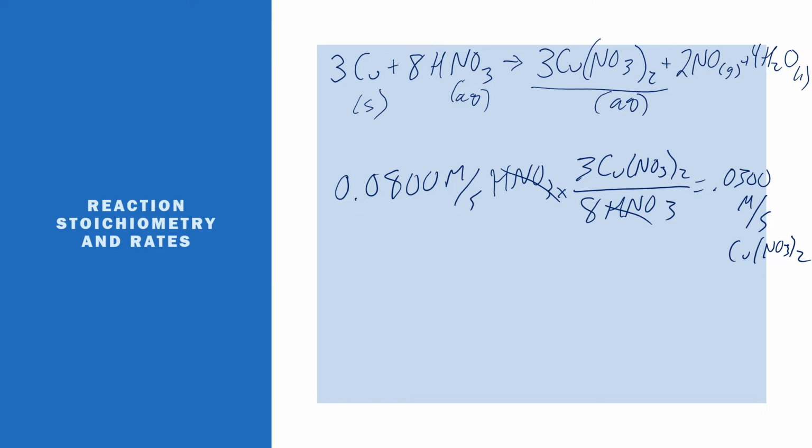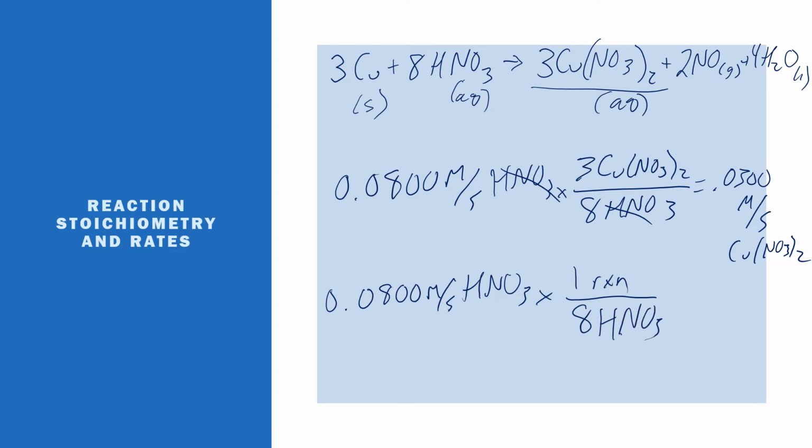Now, we also want to talk about just the rate of reaction. So in chemistry, sometimes we'll talk about the rate for specific things, but sometimes we'll talk about the rate of the overall reaction. And to do that, I want you to think about, we're going to use that same amount. That's the rate of disappearance of the HNO3. So every time the reaction goes once, every time you have one reaction happen, we're going to use up 8 HNO3s.